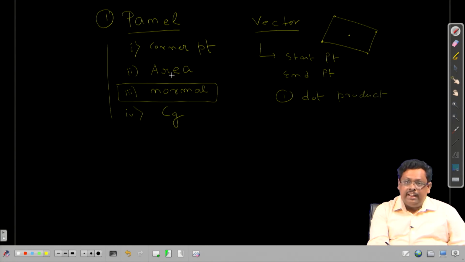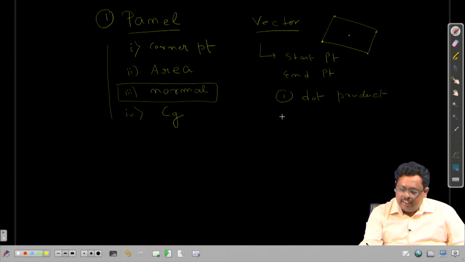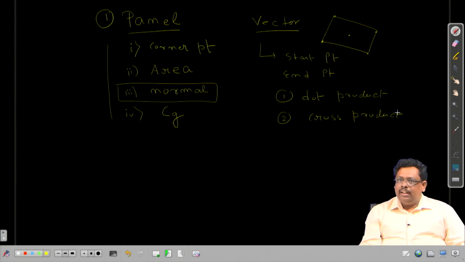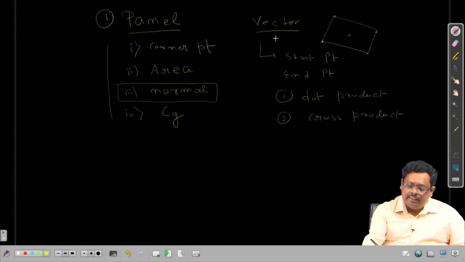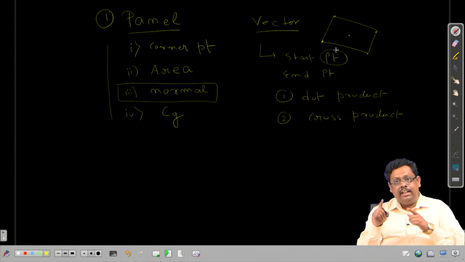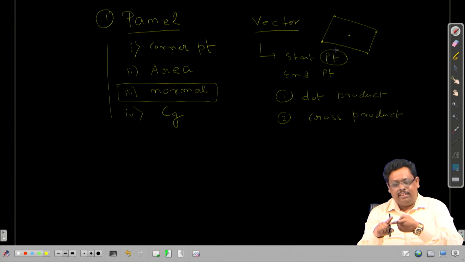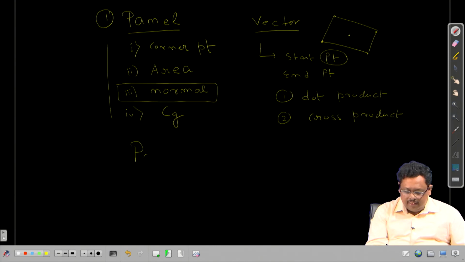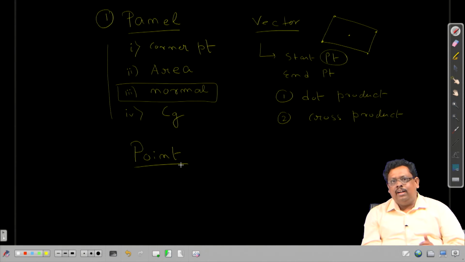I need to find out the area. So, I need to write a primitive function which is called the cross product, right, fine. So, you see that I just made one class vector, but it again requires some points. So, I need to write another primitive class which we can call point. In this point what do you have?